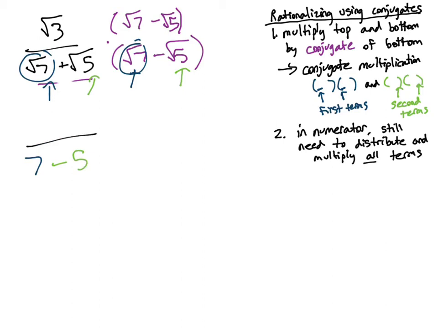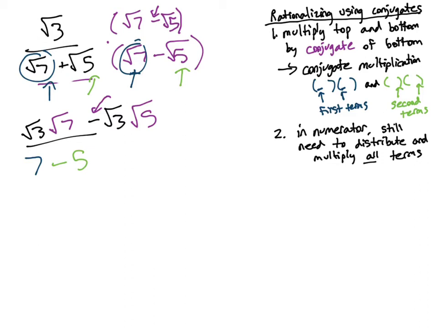And in the numerator, we need to distribute and multiply square root of 3 times square root of 7 and square root of 3 times the negative square root of 5. And I'm just putting that negative in front of the square root of 3 because we had that negative on the square root of 5.